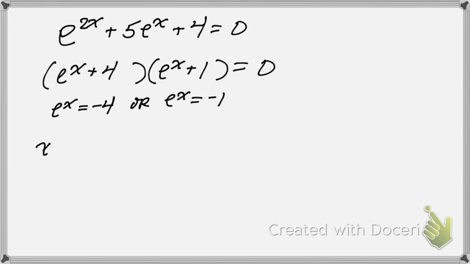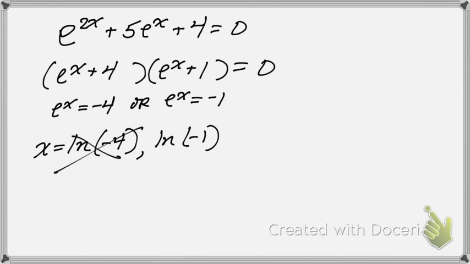And then using the definition of a logarithm, I can write these two. x is equal to ln negative 4 and ln negative 1. Which up until this lesson, maybe up until this video, you thought, well, not interested.